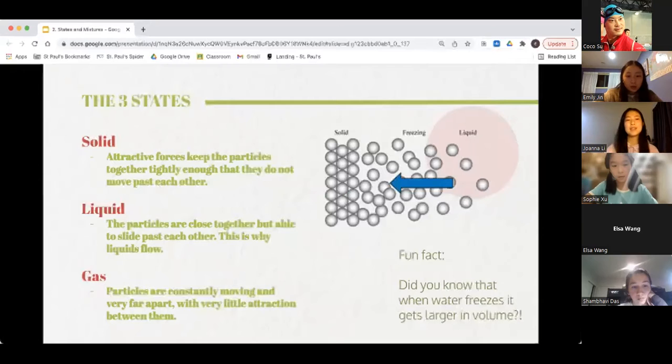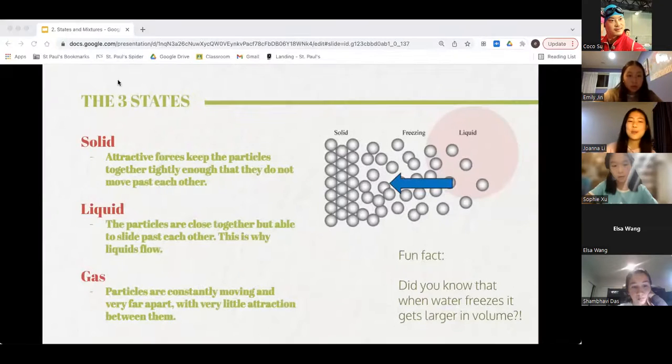Let's have a look at the 3 states. I'm sure most of you are familiar with this, because we all know there are solids, liquids, and gases. Here's a quick particle-level description. A solid is where attractive forces keep the individual particles very tightly together. That's why your solid is solid: you can't squish it down or compact it because the particles are already too close together.